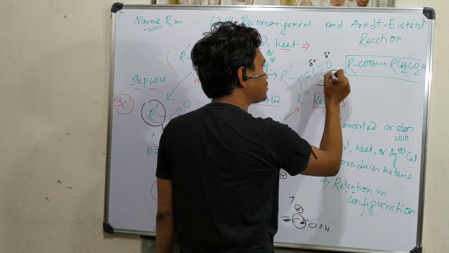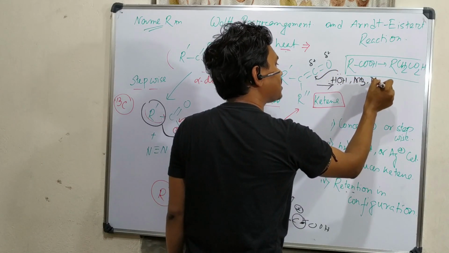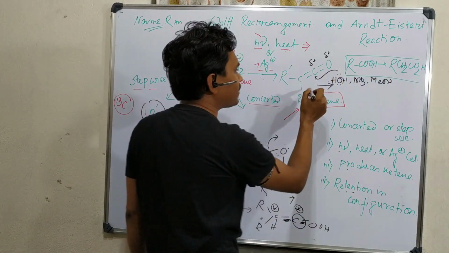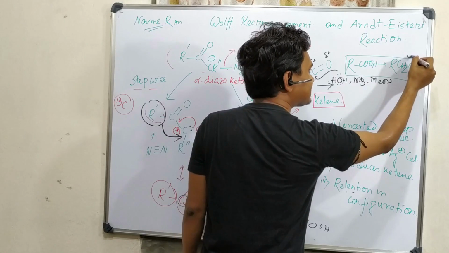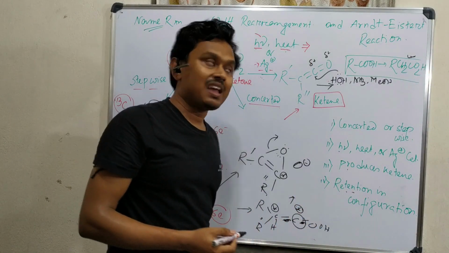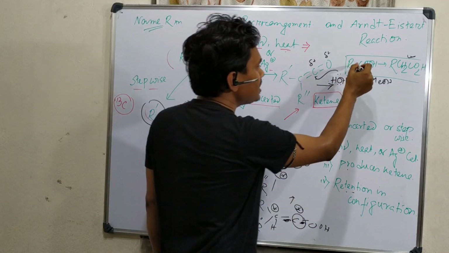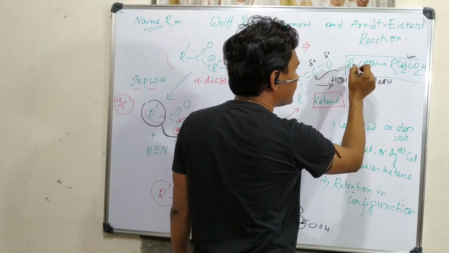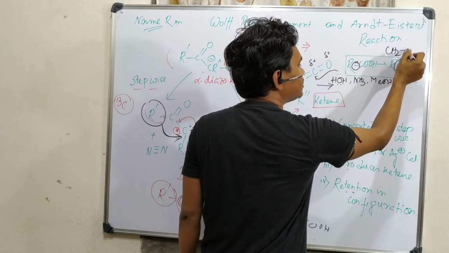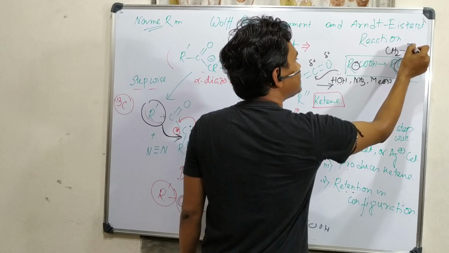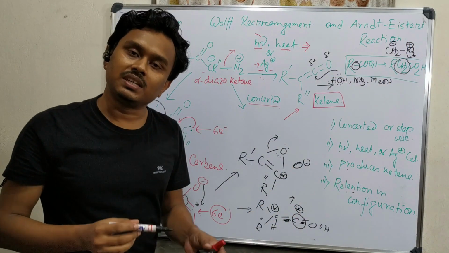So water, ammonia, or methanol, an alcohol, can attack here, and finally it can produce a carboxylic acid, amide or ester. And actually that is the Arndt Eistert reaction, that is a homologation. In between this carboxyl group and this, one unit of CH2 is introduced, and that is coming from diazomethane.